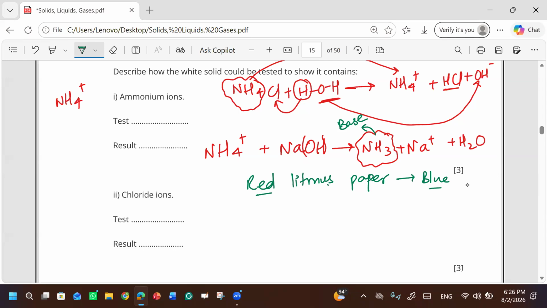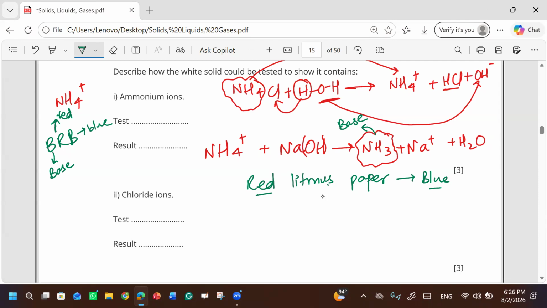I remember it by BRB: base turns red litmus paper blue. This is how I memorized it. So whenever you have a base, you add red litmus paper and it will be converted into blue. Clear?